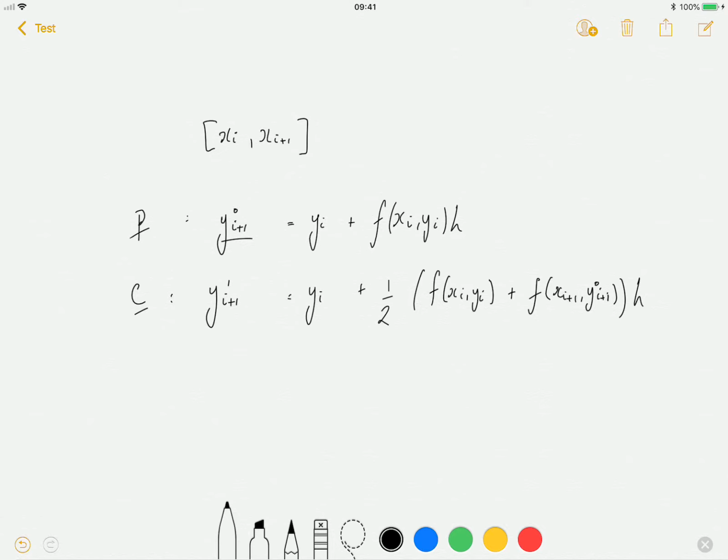In short, the corrector can then be iterated because it includes y i plus 1 in both equations.